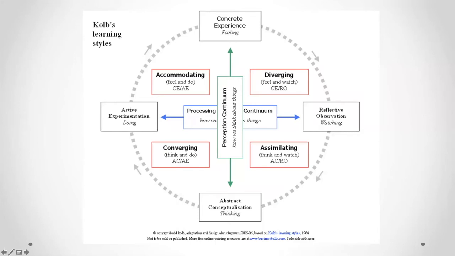You'll notice that there are two continuums. There's the concrete experience versus the abstract, and then there's the active experimentation versus the reflective observation. If you think about moving your way around the circle, hitting all four of these components, then that will engage various components for each of the learners.